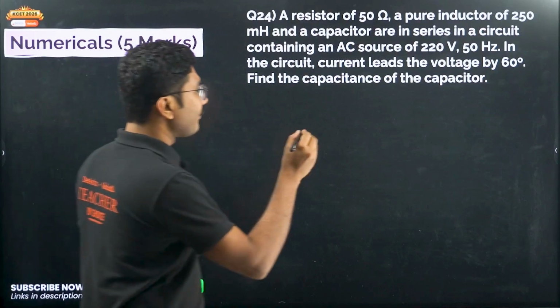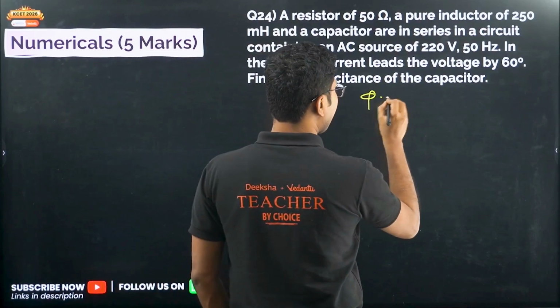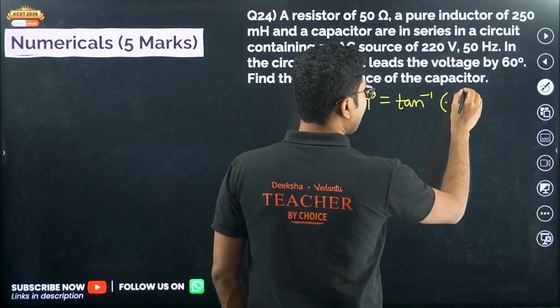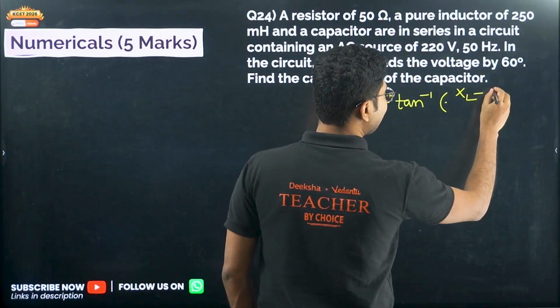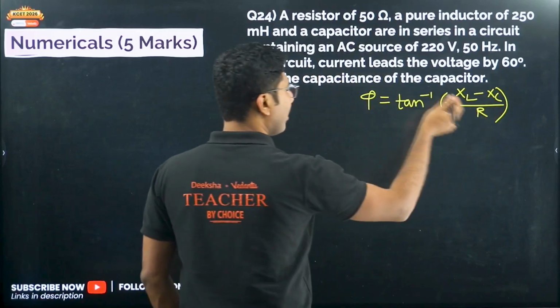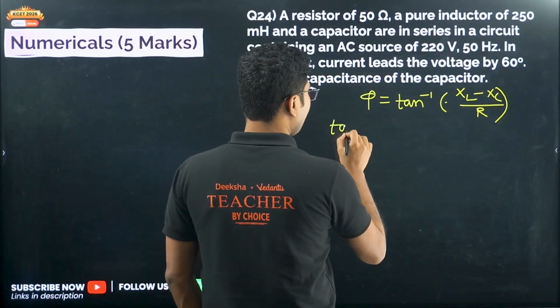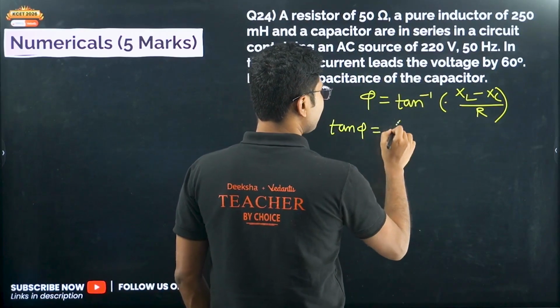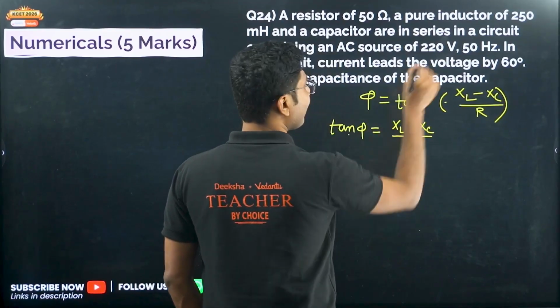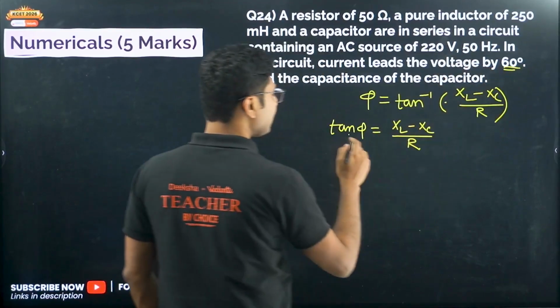We know that the phase difference is given by tan inverse of (XL minus XC) divided by R, right? Or tan phi equals (XL minus XC) by R. Now tan phi value is given here as 60 degrees, so you will put that.